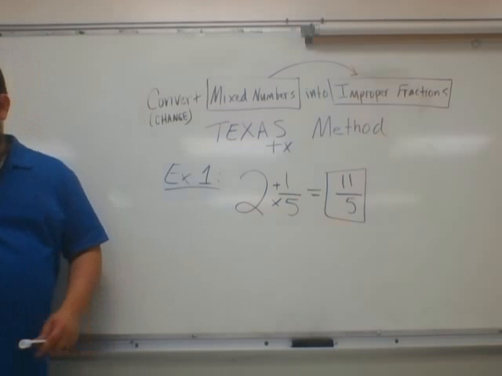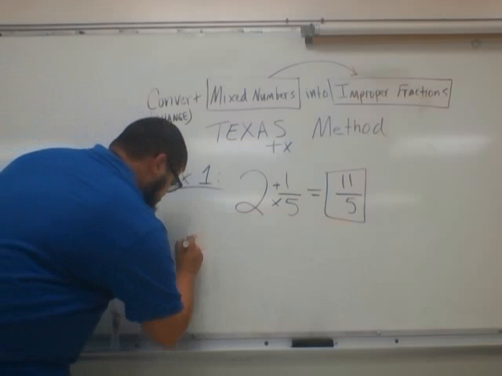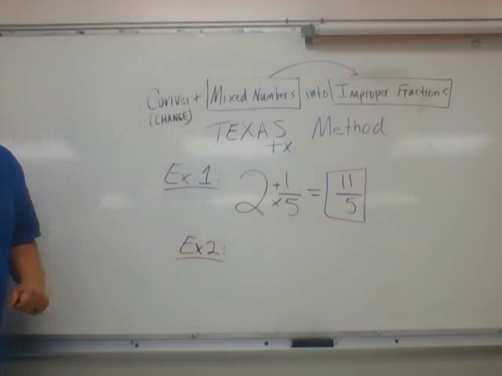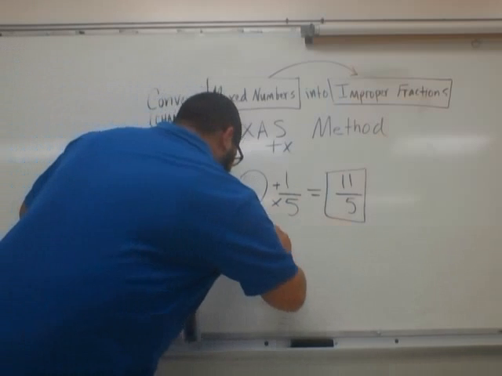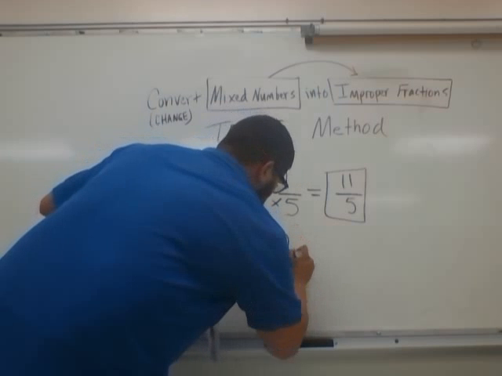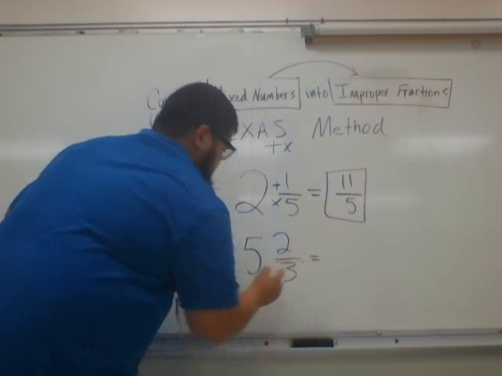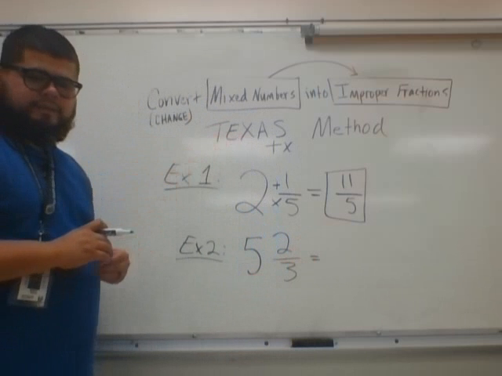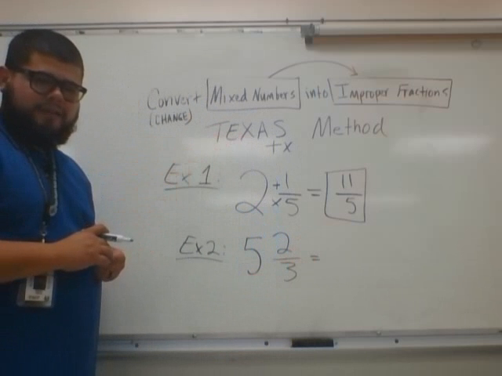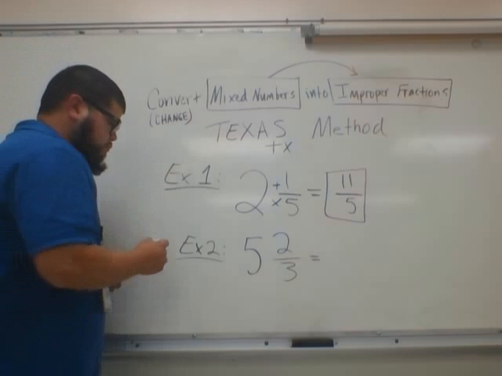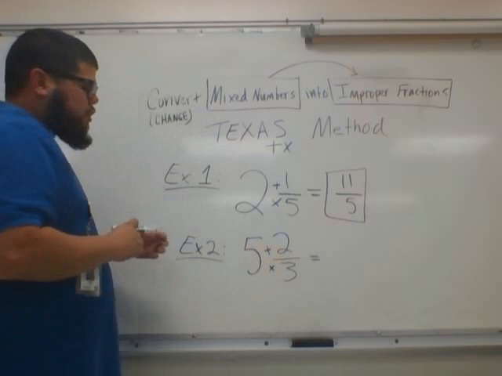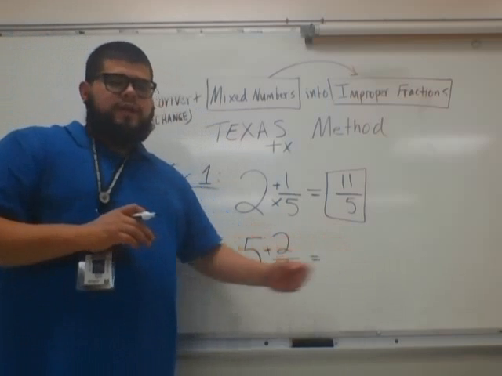We do another example over here. Our next example is going to be 5 and 2/3. Remember, Texas method. We use T, X. So we're converting 5 and 2/3 into an improper fraction.